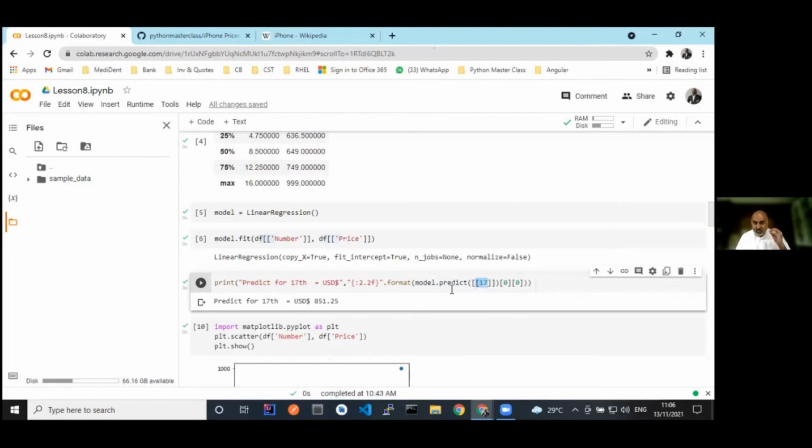The meaning of testing is giving it a value that it has never seen and seeing how it behaves. It has not seen 17, but I'm giving it 17 to see how it responds. Although it's two lines of code, this process is quite involved, and it can be broken up into various verticals for different industries. I hope it makes sense.